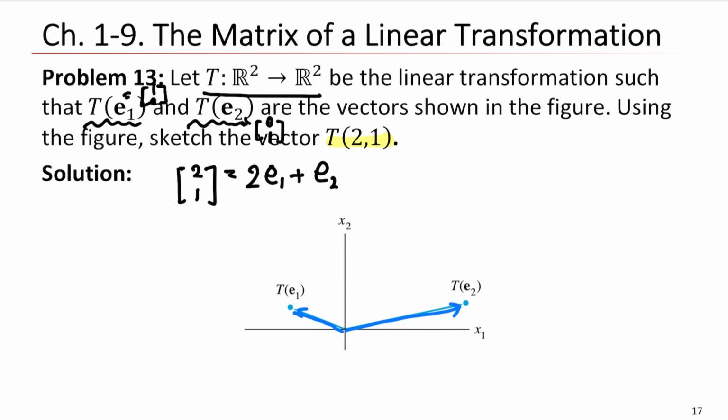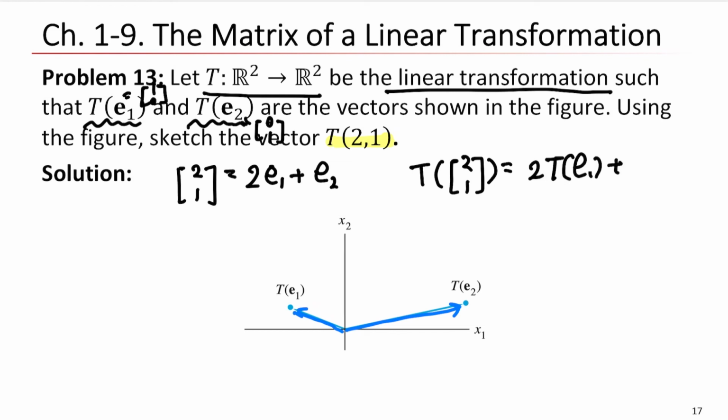Then what is the transformation T(2, 1)? Because this is a linear transformation, it will be 2T(E1) plus T(E2), right?